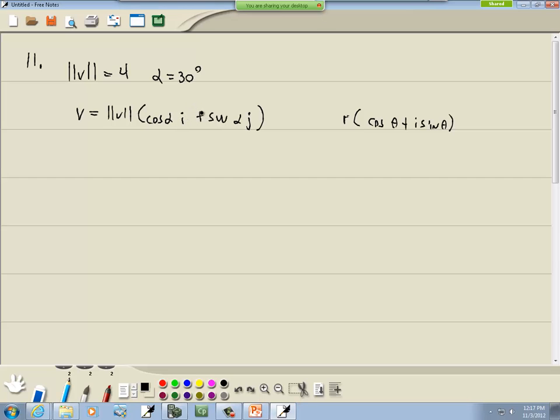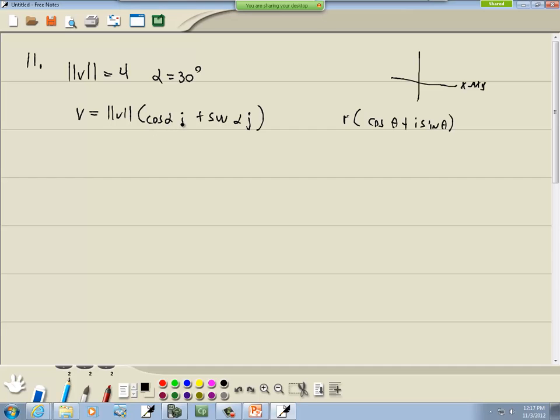But think what these represented. r, that represented our distance, didn't it? Well, magnitude, that represents our distance. Theta represented our angle, starting over here with this side, going up. Well, that's the same thing that alpha represents here. And then cosine was our x-axis.